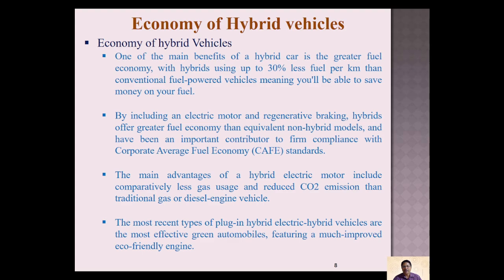If you have a charging facility at your home, you can charge and operate it. Whenever you prefer a long trip, you can use the IC engine also. So this hybrid will be more popular, but the only thing is it has a high buying price because the electric battery package is higher.